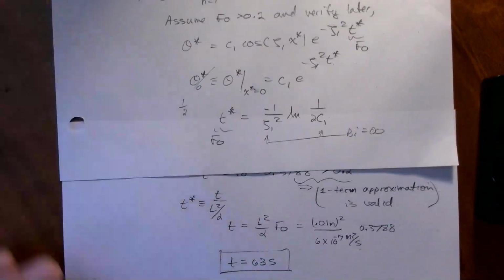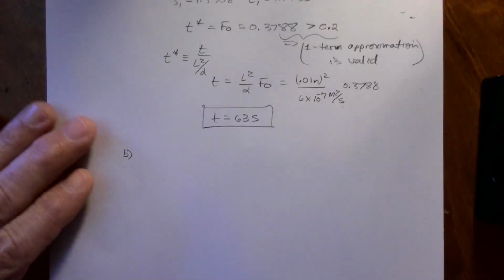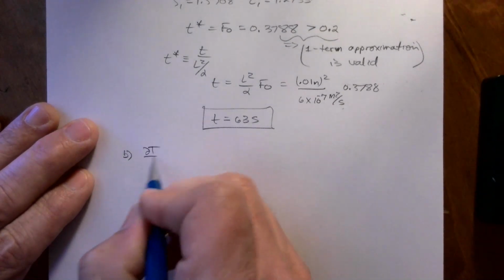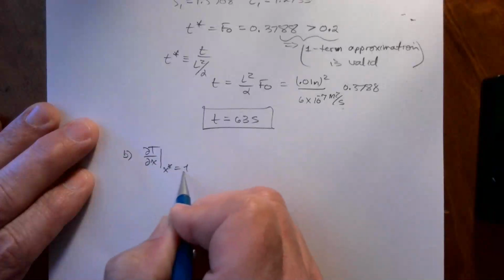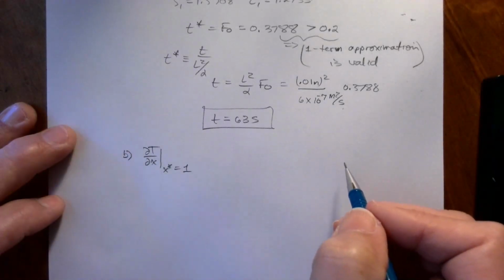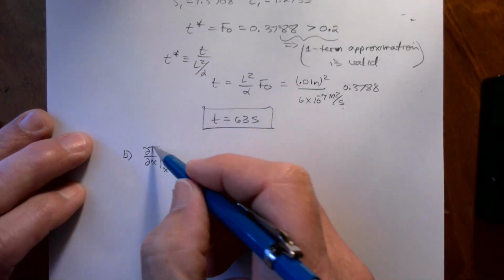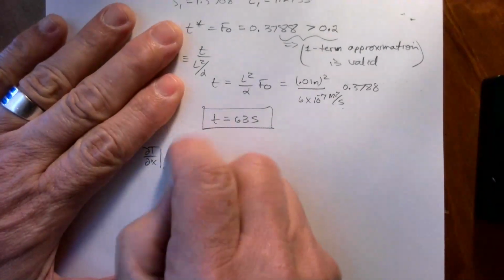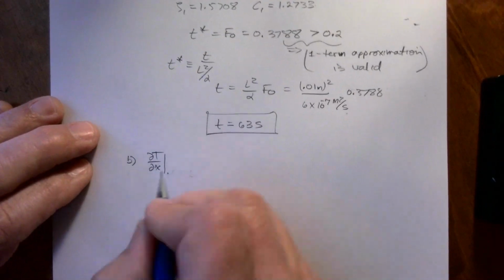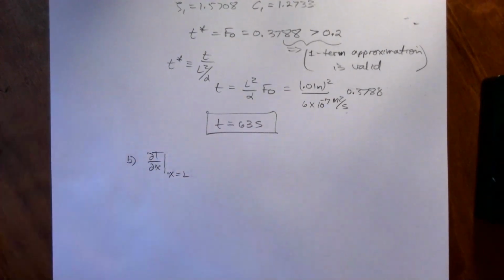So for part B, we're going to find the partial of T with respect to x at x star equal to 1, or x equal to L. This is dimensional, not starred. So because of that, let me change this to x at x equal to L.